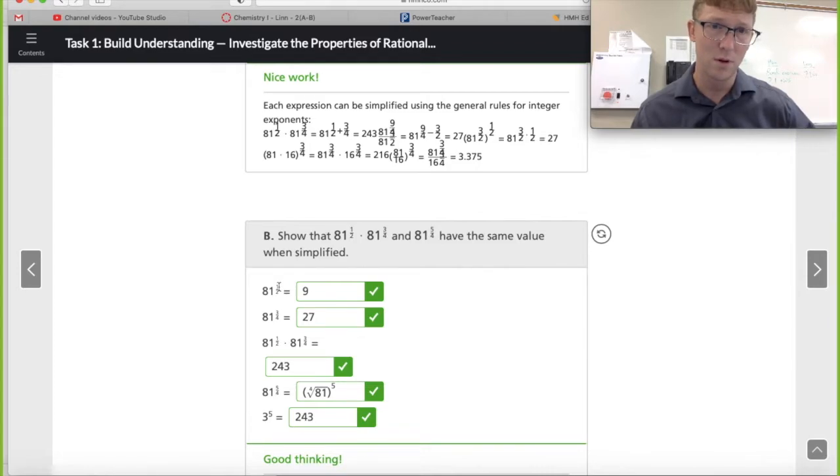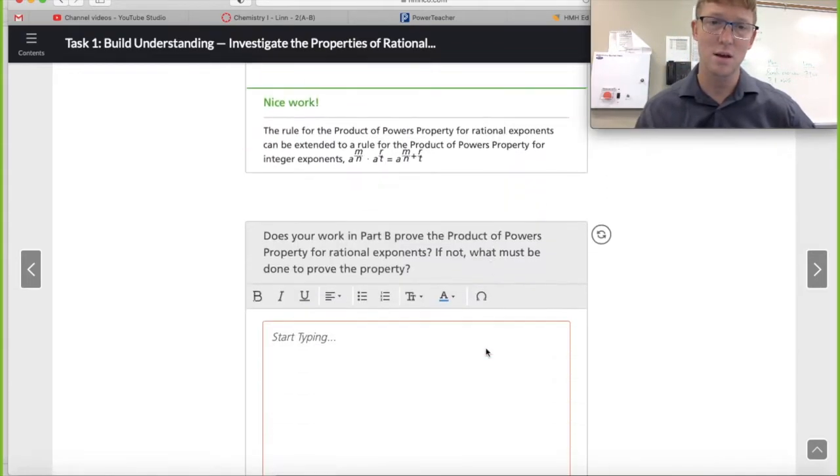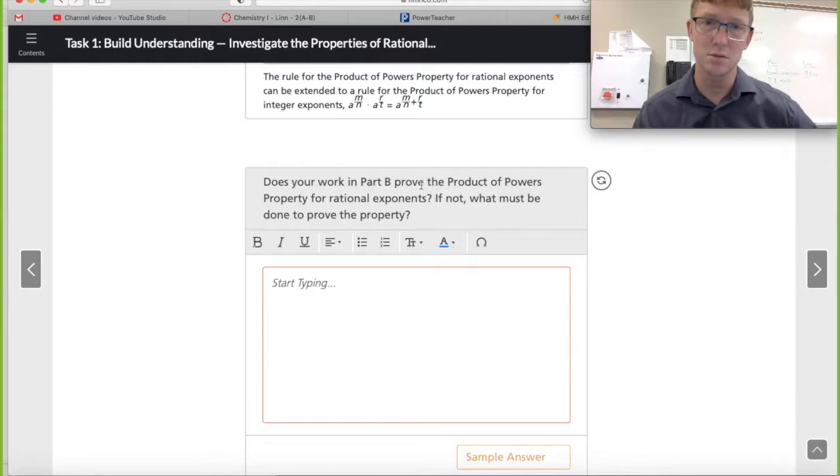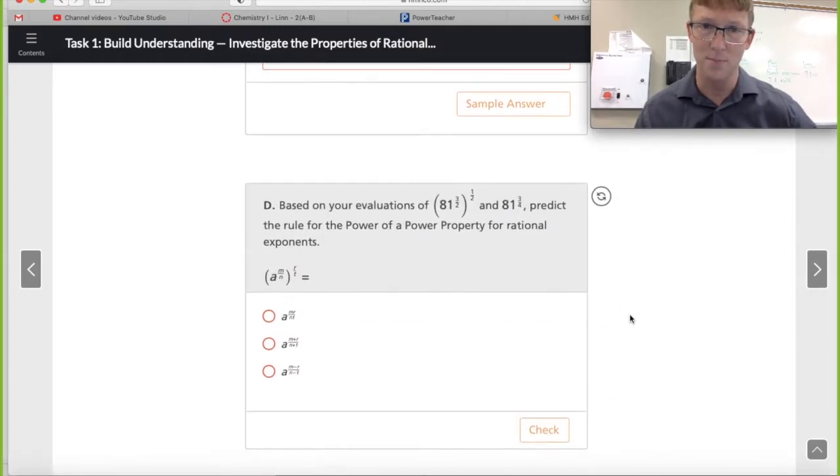Typically in proofs you don't use real numbers, so you have to find some way to represent all possible numbers. So you would have to figure out a way to represent all like negative integers and things like that. But it does show that our product power does work. So we're going to leave it at that.